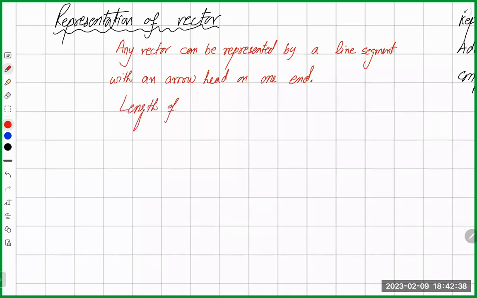Length of line segment is the direction. Sorry, is the magnitude.